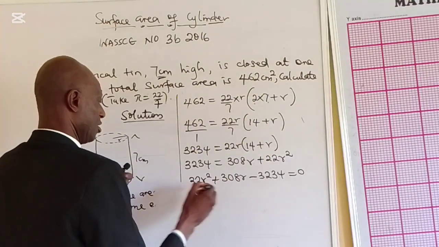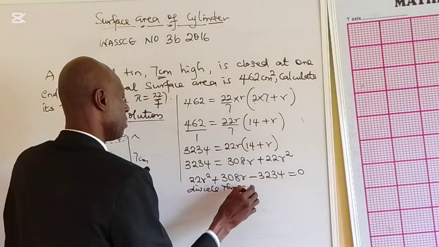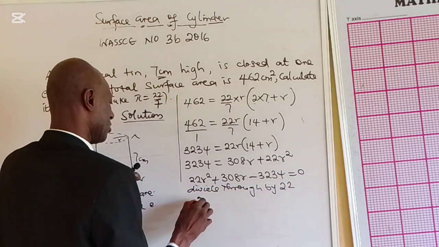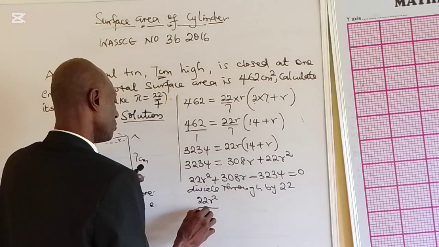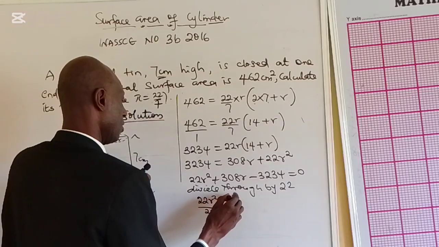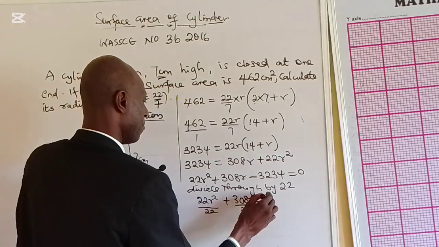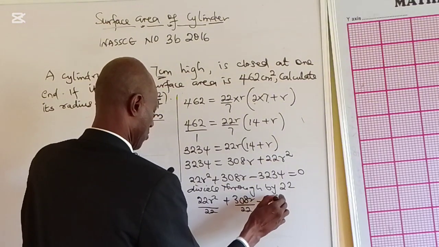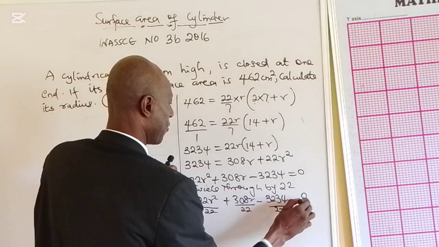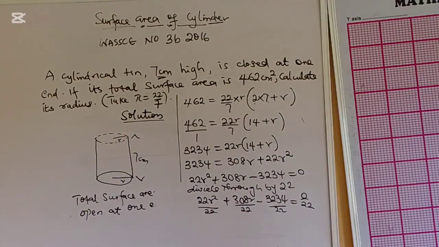How to divide it to reduce it? Divide through by 22. So 22r squared over 22 plus 308r over 22 minus 3234 over 22 is equal to 0 over 22.